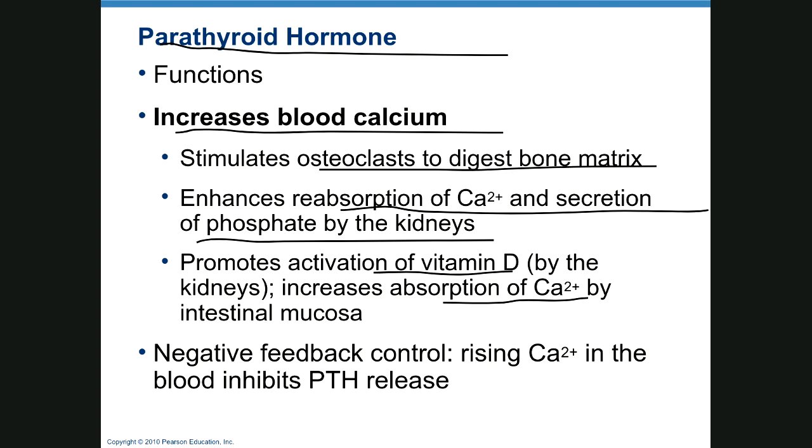I should have said resorption by the kidneys here. And there's a negative feedback. Once the calcium level is high enough, the blood inhibits parathyroid hormone release. This is absolutely essential to life because if your blood calcium level gets too low, it's going to kill you.